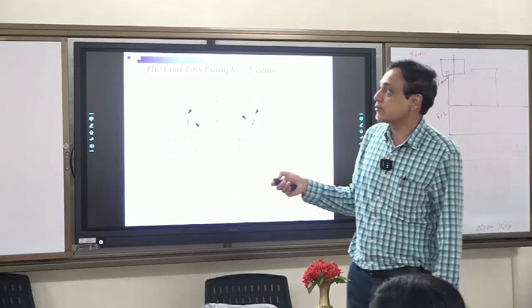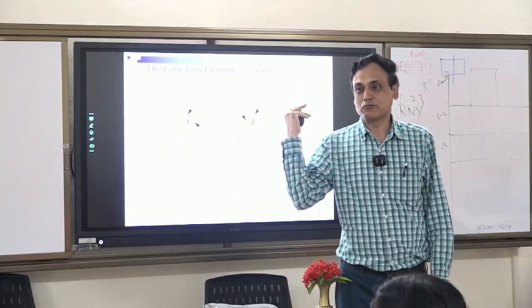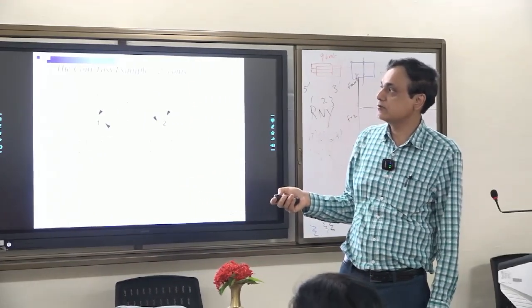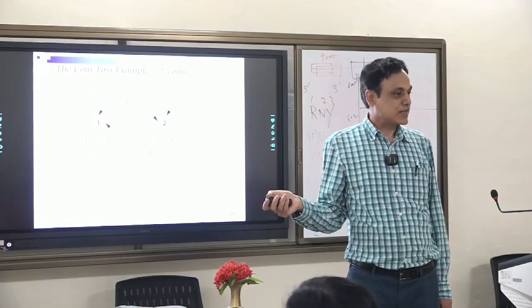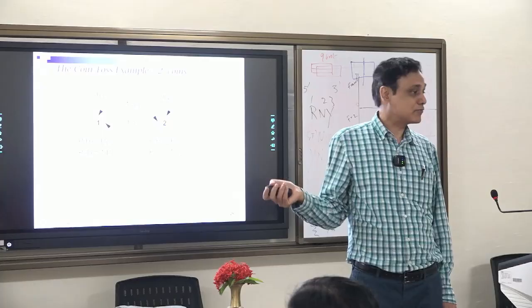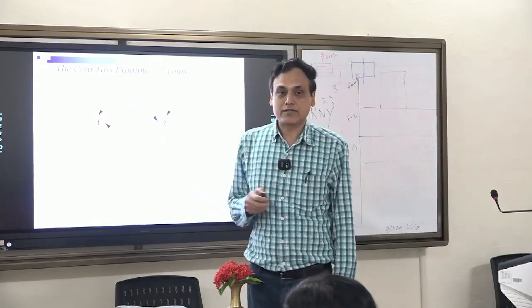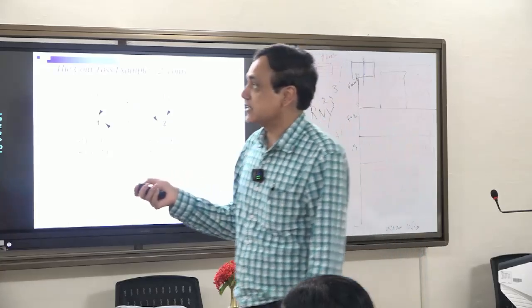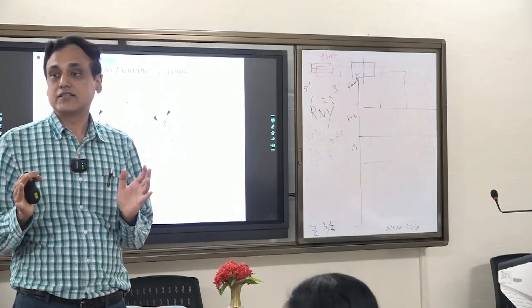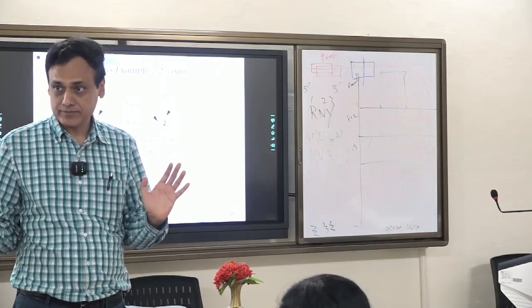Probability of transitioning from 2 to 2, probability of picking 2 given that the previous pick was also 2. And probability of transitioning from 2 to 1, probability of picking 1 given that the previous pick was 2. So all these probabilities are now indicated. This characterizes the sequence of unknowns.